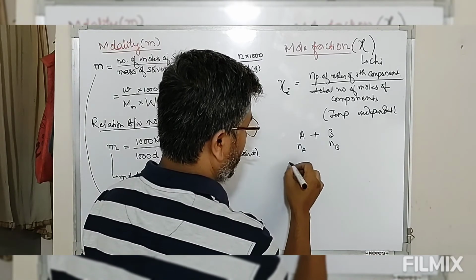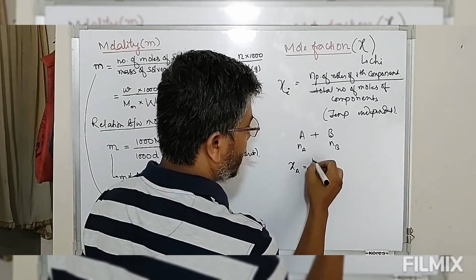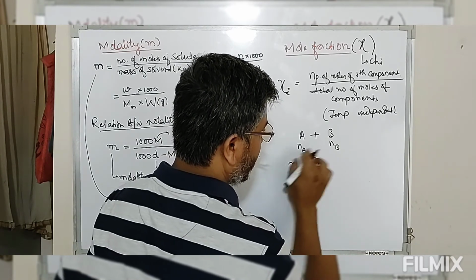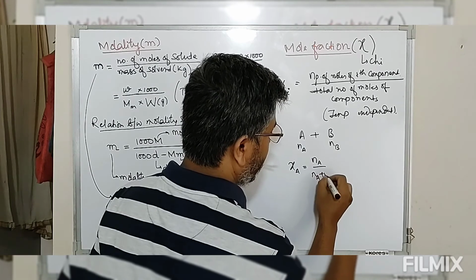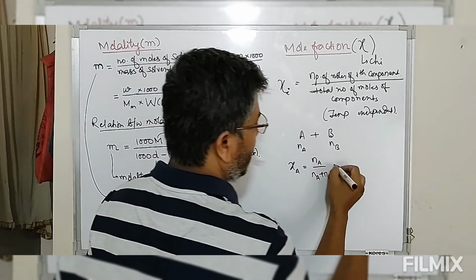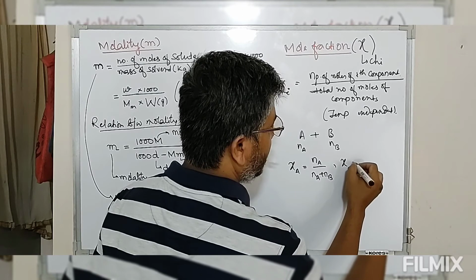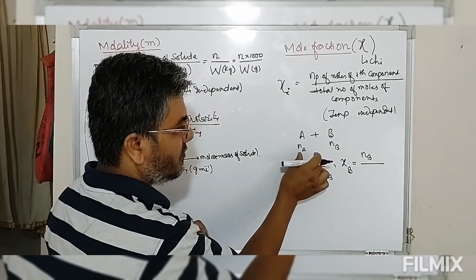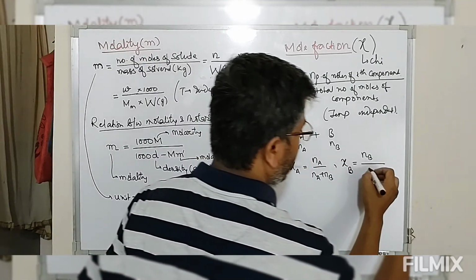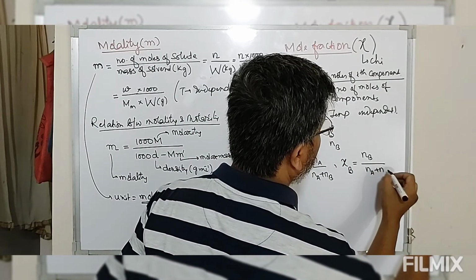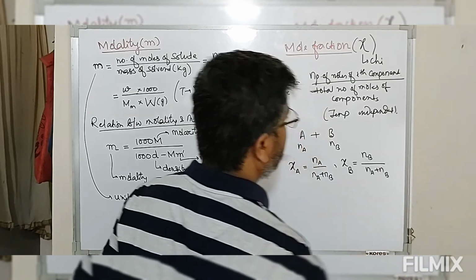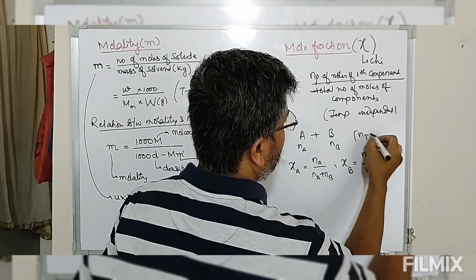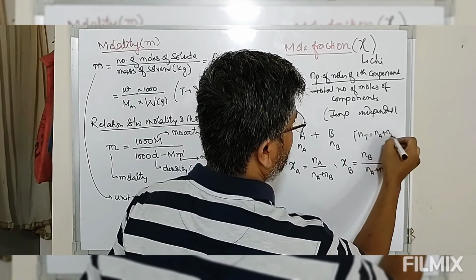Therefore the mole fraction of A in the mixture is number of moles of A divided by total number of moles, that is Na plus Nb. Similarly, the mole fraction of B is Nb divided by Na plus Nb.